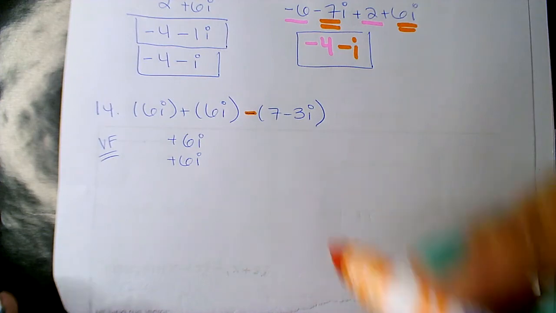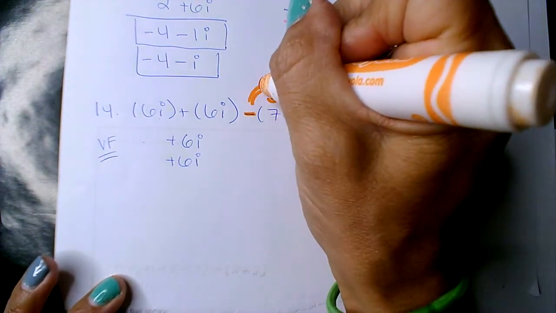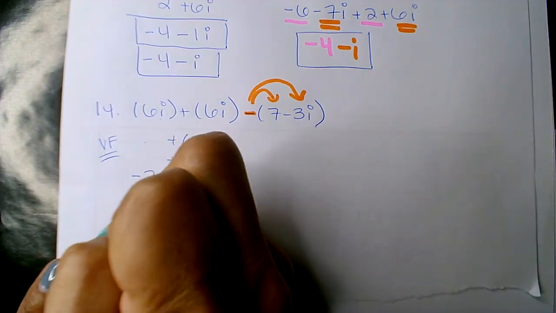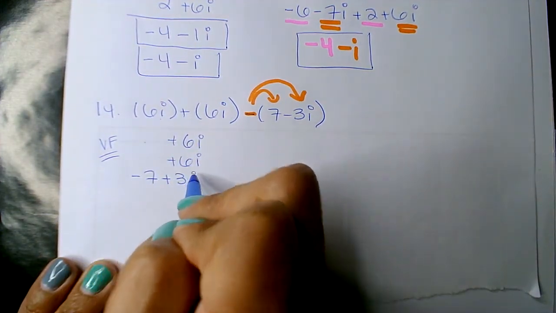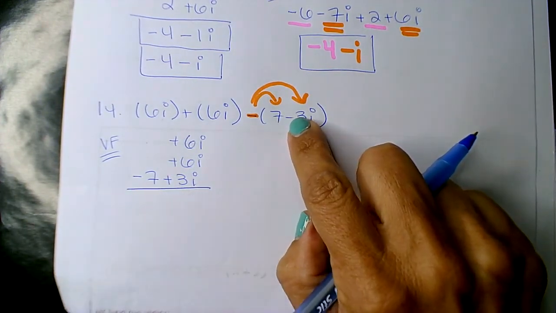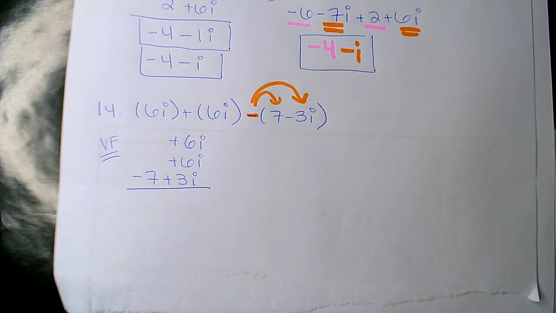So it needs to distribute to the real 7 and the imaginary -3i. So essentially it switches a sign, correct? So I get -7 plus 3i. And notice I switch positive, negative, negative, positive because of that -1 distribution.